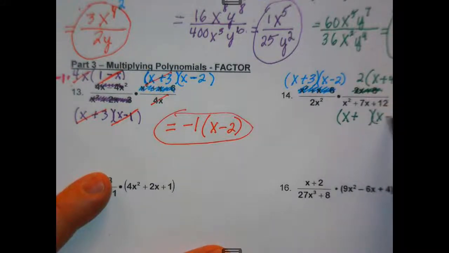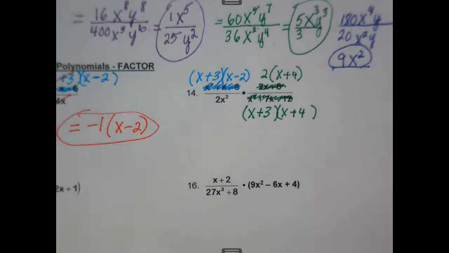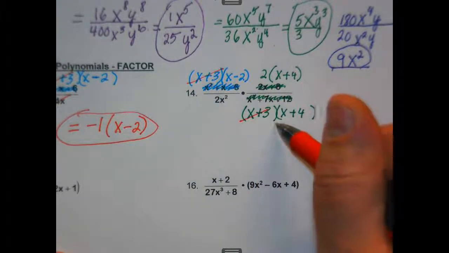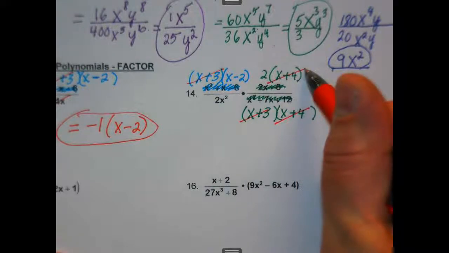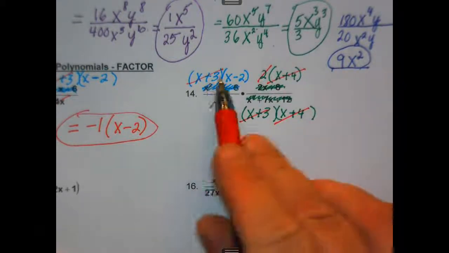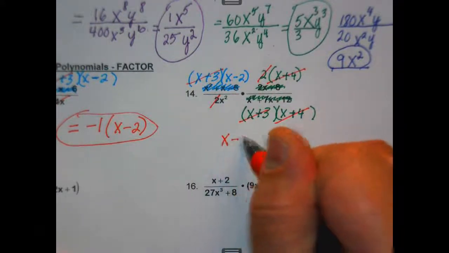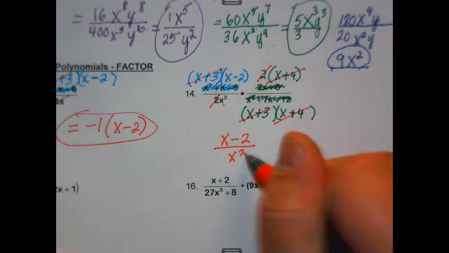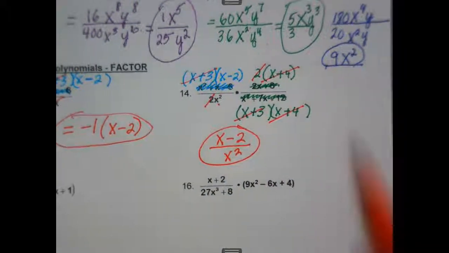That's a plus, so I have plus plus. And 3 and 4, right? Okay, let's cancel out the x plus 3, x plus 3, x plus 4, x plus 4, and got a 2. And I'm left with x minus 2 over x squared. Yep.